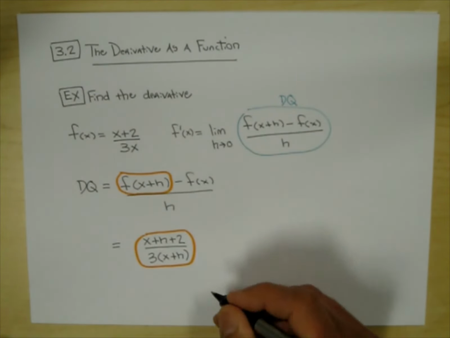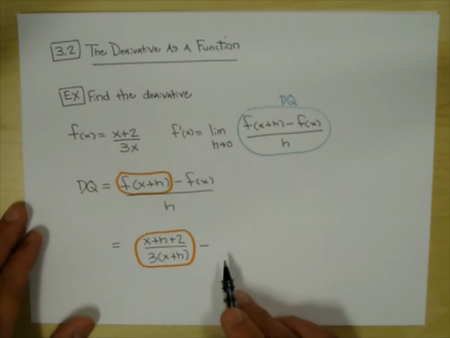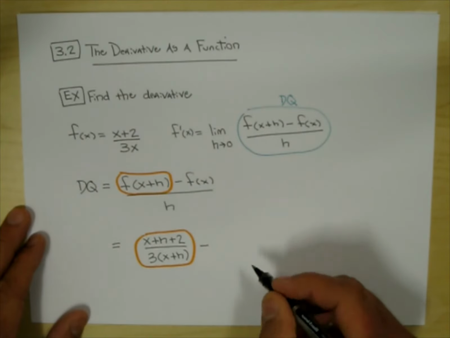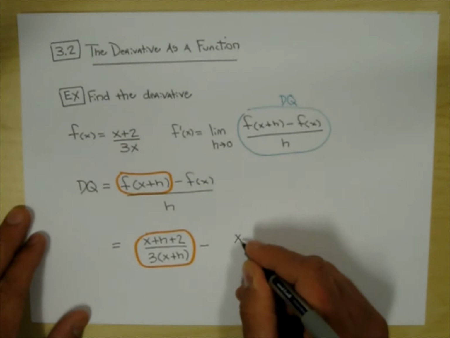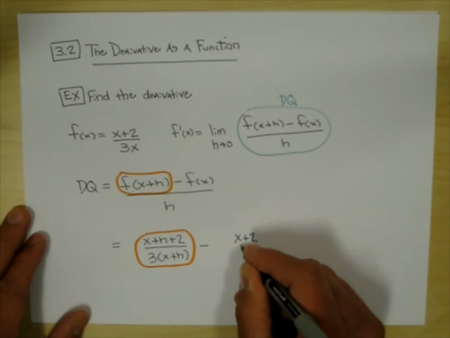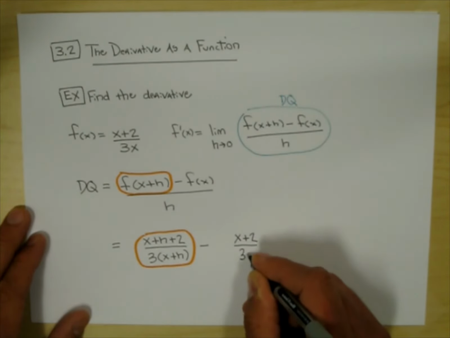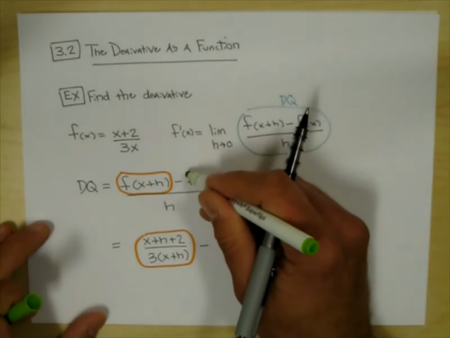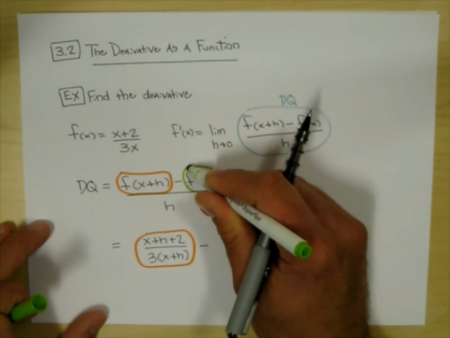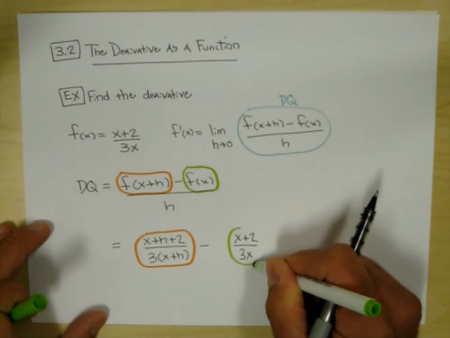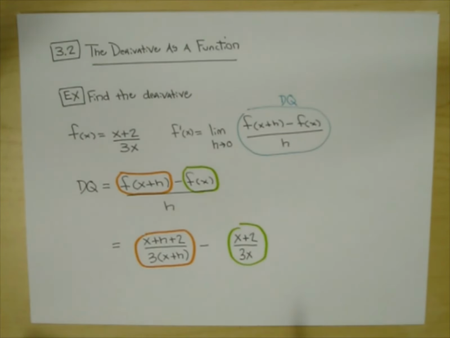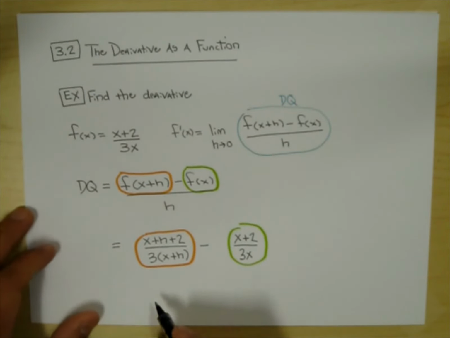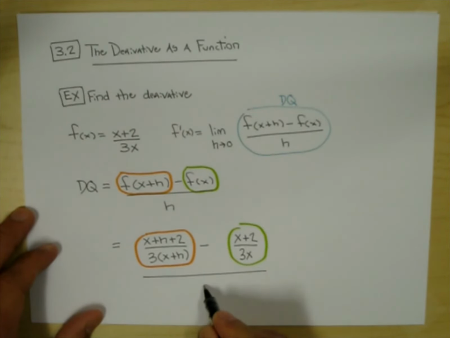Okay, I'm going to go ahead and subtract. We have f of x, which is this right here, x plus 2 over 3x. And this one will be in this lime green color. This is all over h.